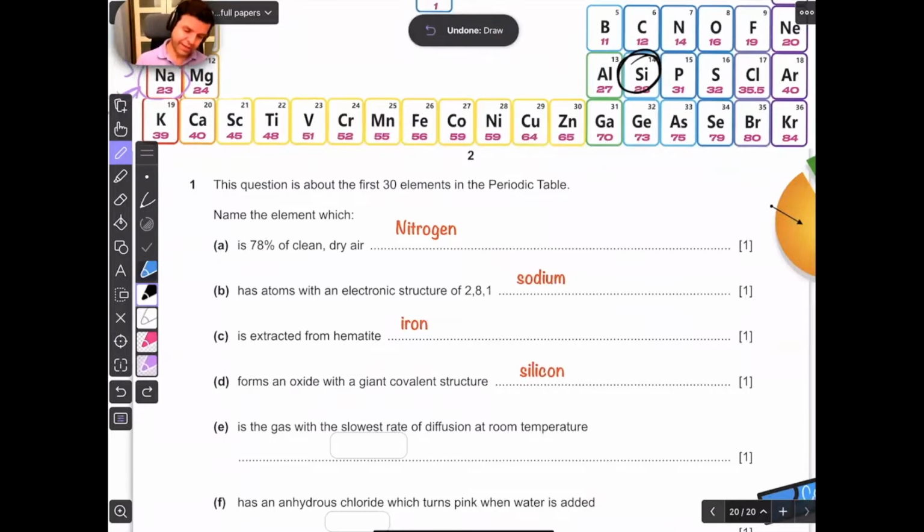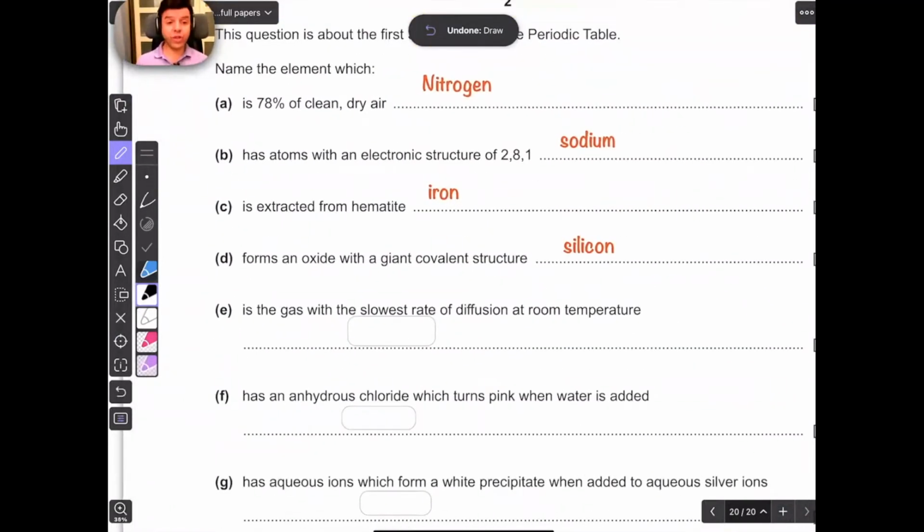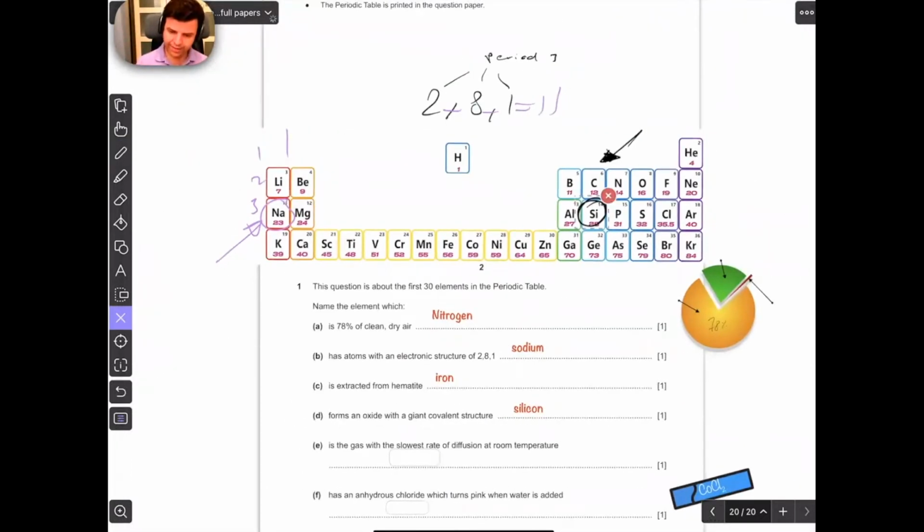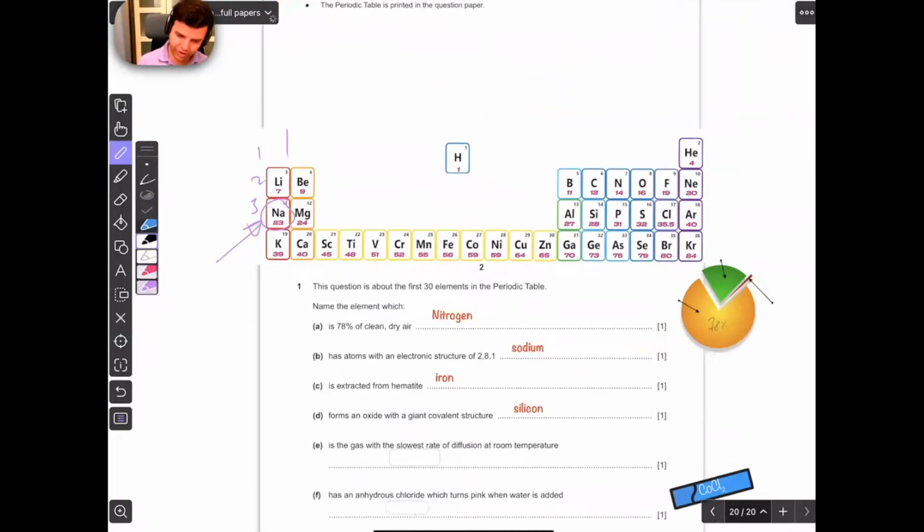Okay. Then they said it's a gas with the slowest diffusion rate. What am I supposed to look for? I am supposed to look for the highest possible molecular mass, right? So where are the gases in the periodic table? So you have hydrogen, you have group 7, nitrogen, oxygen, group 8. All of these are gases, right?